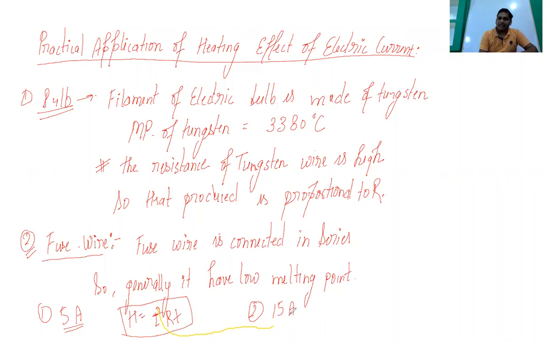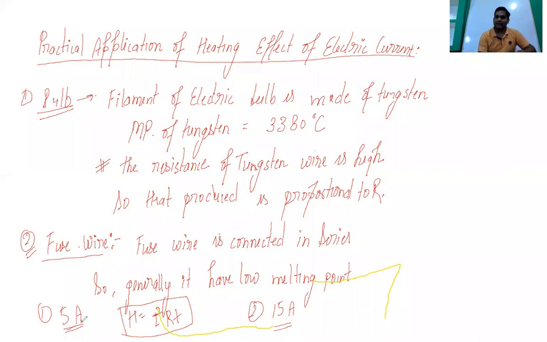And if the current is 15 ampere, then above 15 ampere the heat should be produced in such a way that it melts out. So the thickness of the fuse varies. If you are using a thick wire, it will not melt easily, so you are not going to get the advantage of a fuse.